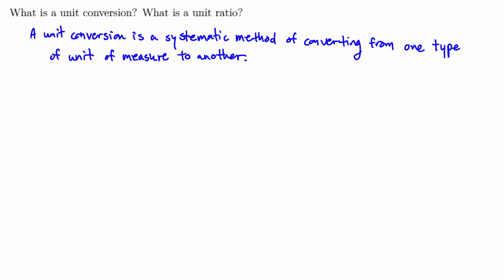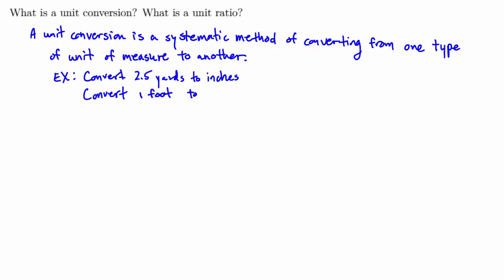The example that we looked at was to convert 2.5 yards to inches. There are many other types of unit conversions that we can do, though, and that we'll study. Another one would be to convert between the English and metric system. So something, for example, like converting 1 foot to centimeters.